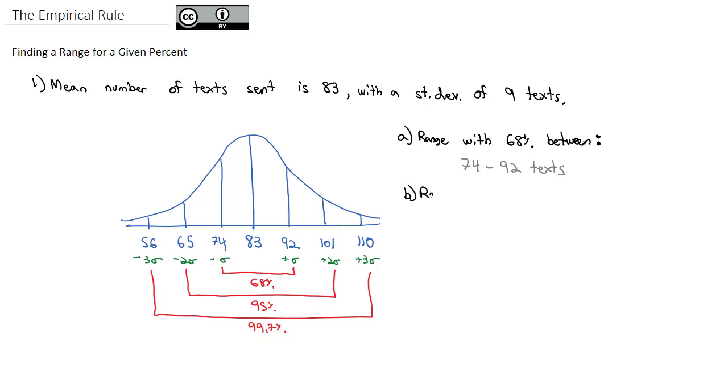I could find the range with 95% between. Where do 95% of days fall between in terms of text messages? Well, 95% is 2 standard deviations. So I know that's going to be days sending between 65 and 101 text messages.